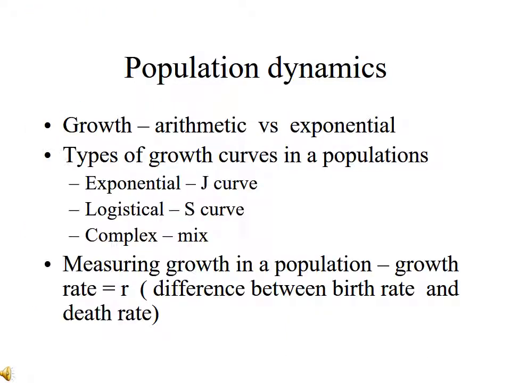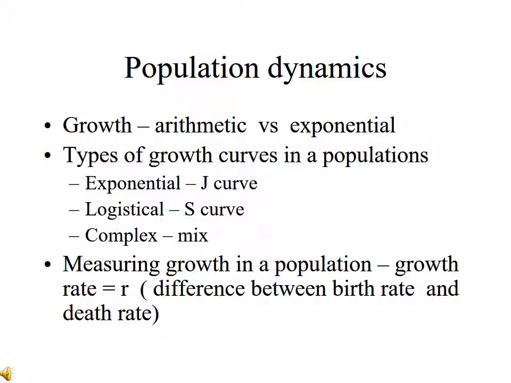Now, one of the components of the ecosystem is the population. Now, we defined population as a group of organisms that exist within a given area. In understanding populations, we need to look at population dynamics. First of all, in population dynamics, we have growth. We have arithmetic growth versus exponential growth, and we will discuss this in a moment.